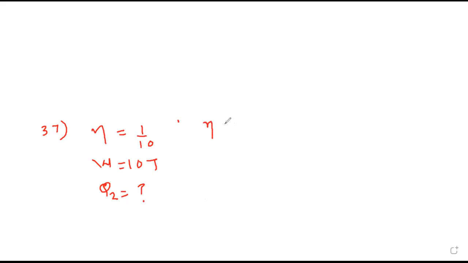From efficiency, first I should find the coefficient of performance. What is coefficient of performance? Q2 by W, correct? And coefficient of performance is 1 minus eta upon eta.